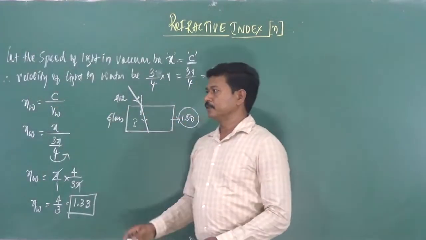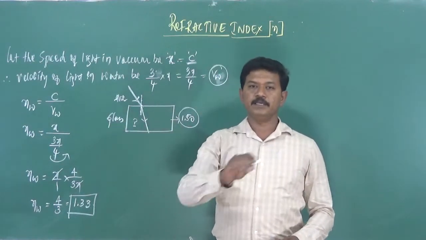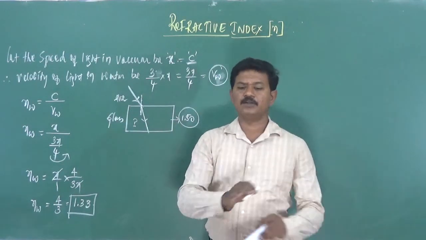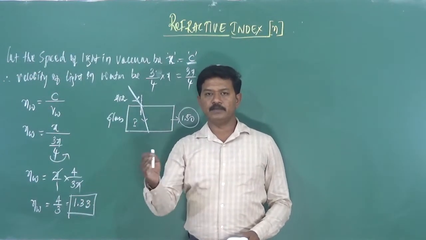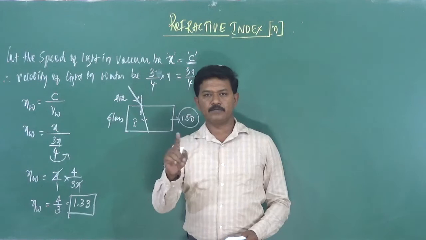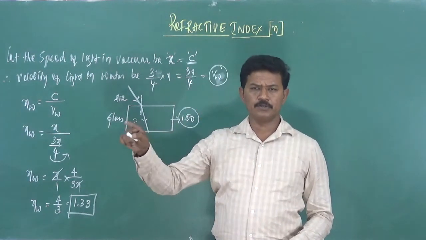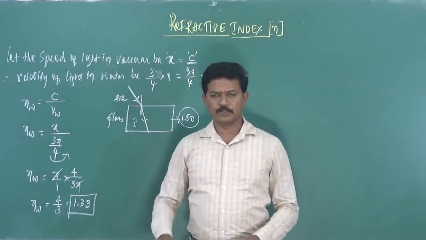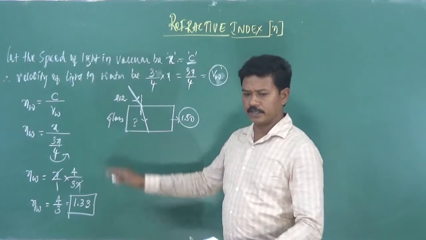No problem. The velocity of light in air compared to vacuum does not differ much. If the velocity of light in vacuum is 1, then the velocity of light in air is 1.000033 something. So the difference is very small, and therefore you can take air or vacuum, whatever it is.